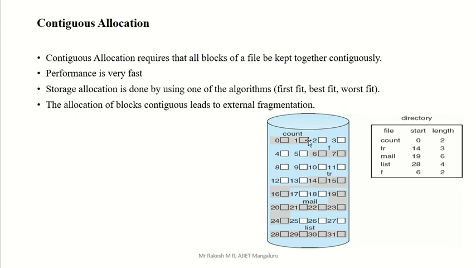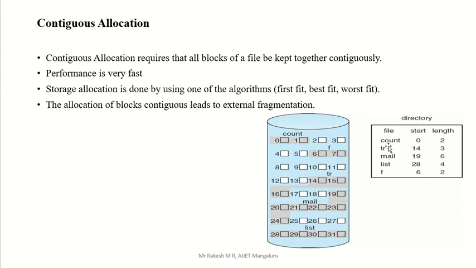Because of this contiguous block there is a chance of internal and external fragmentation. That means there is a chance of wasting your block memory. That's why we have to avoid this contiguous allocation.